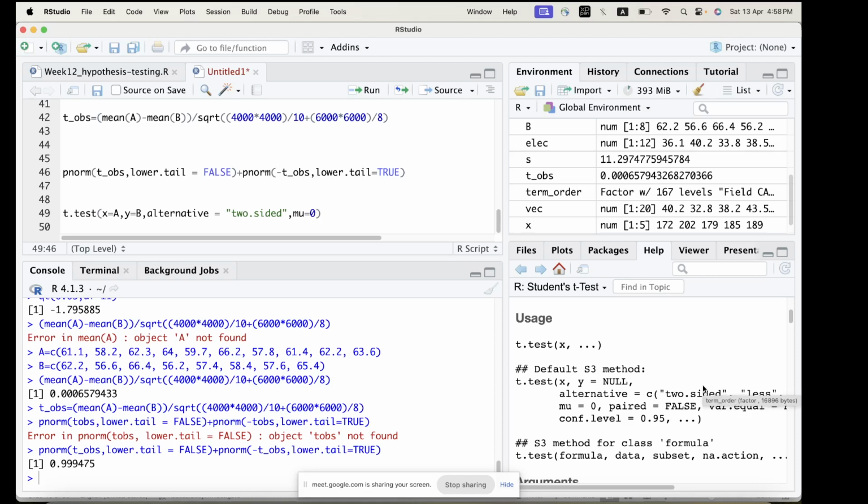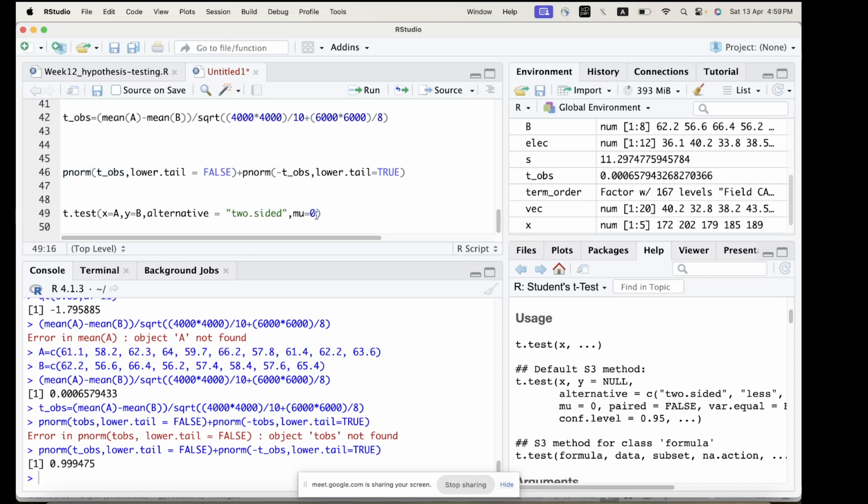Oh, okay, so this is not a t test, I'm sorry. You could do it, but it will not yield the same result, because what we are doing is a z test, right? And this is a t test.